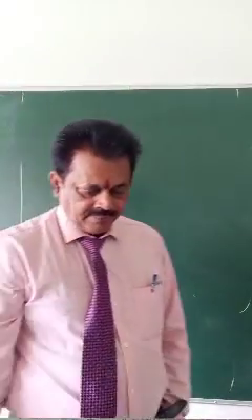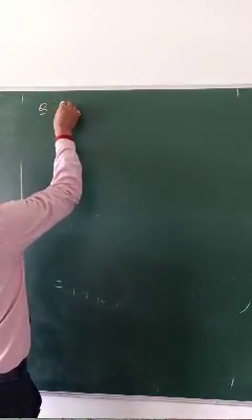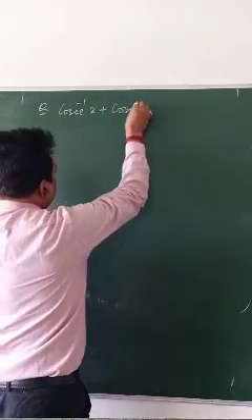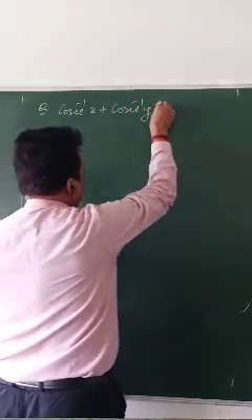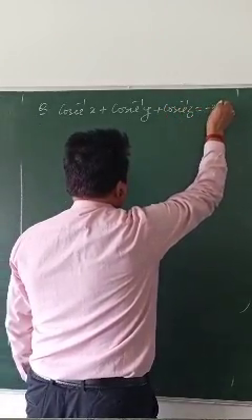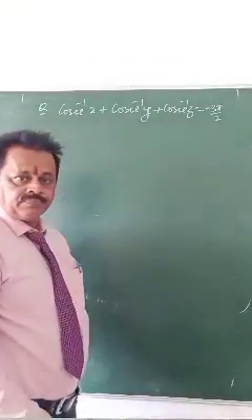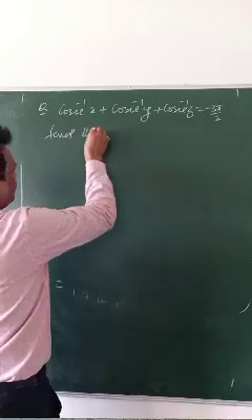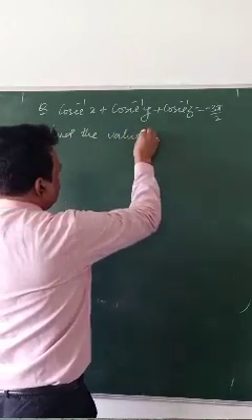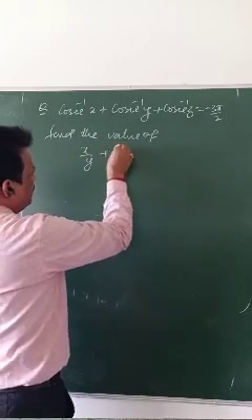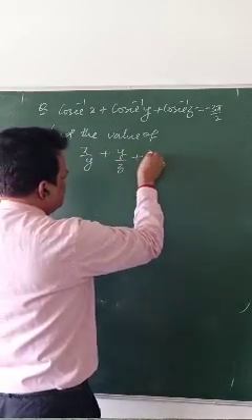So another question is, a new pattern of question: if cosec inverse x plus cosec inverse y plus cosec inverse z equals minus 3 pi by 2, find the value of x by y plus y by z plus z by x.